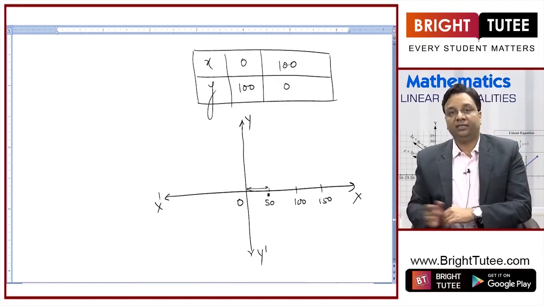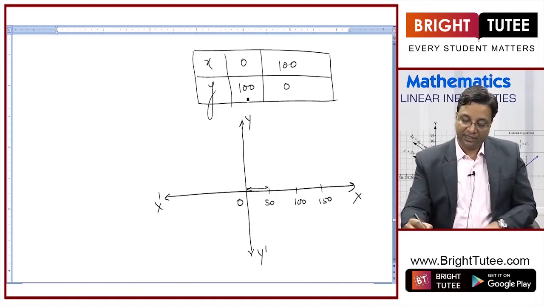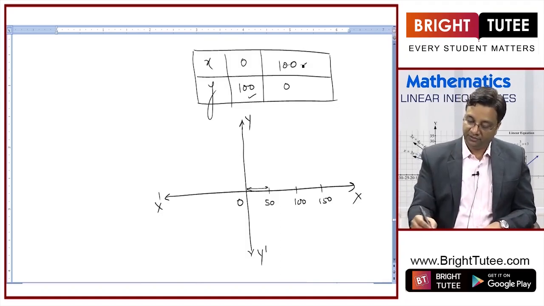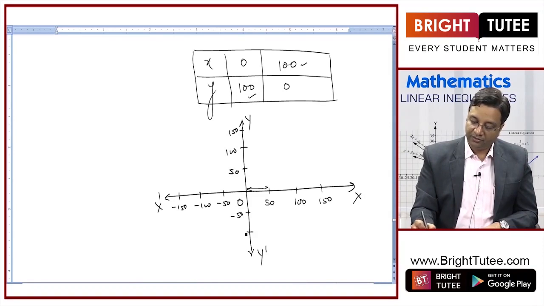Okay, so you can take any convenient scale as per your requirement. In this I needed y 100 or x equal to 100, that is why I have taken this as 50, 100, 150. So this will be minus 50, minus 100, minus 150, minus 50, minus 100, minus 150.